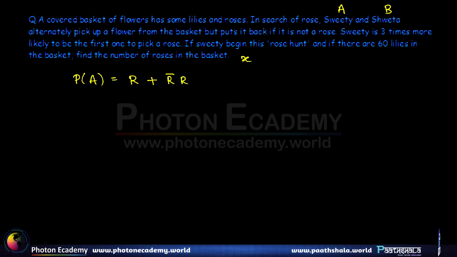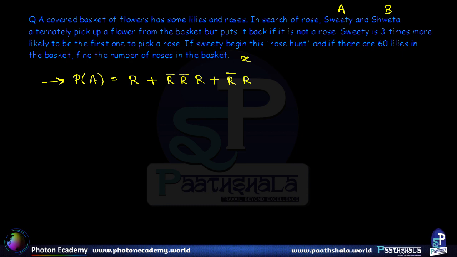But then we are finding the probability of A winning, so B will not get the rose since she is going second, and in the third trial, A can get the rose. This is one of the cases. Then another case is she doesn't get it in the first go, B doesn't get it in the second go, she doesn't get it in the third go either, B doesn't get it in the fourth go, but A gets it in the fifth go.